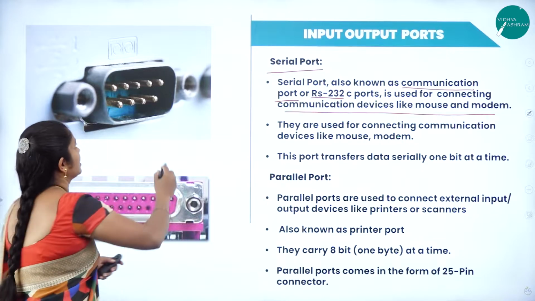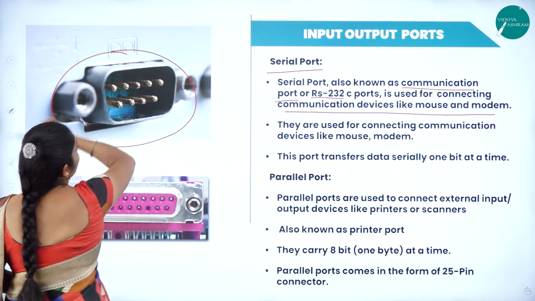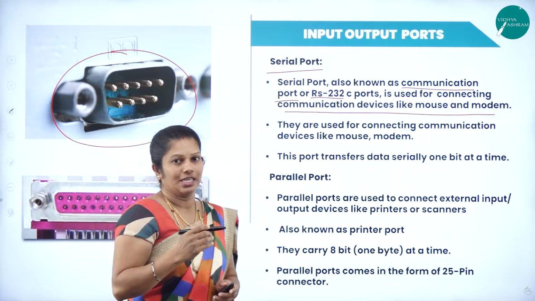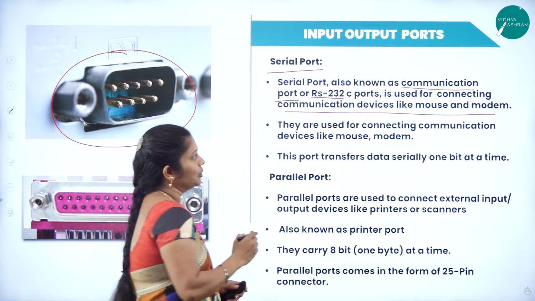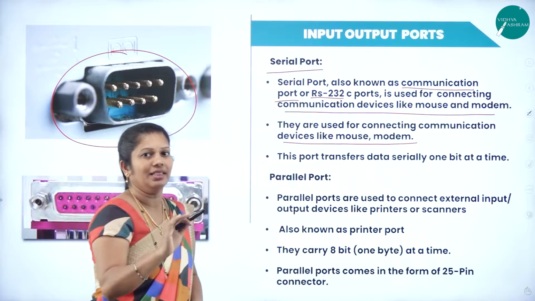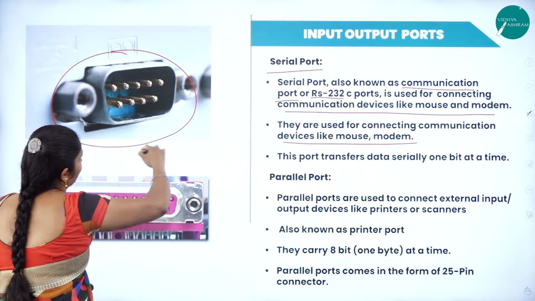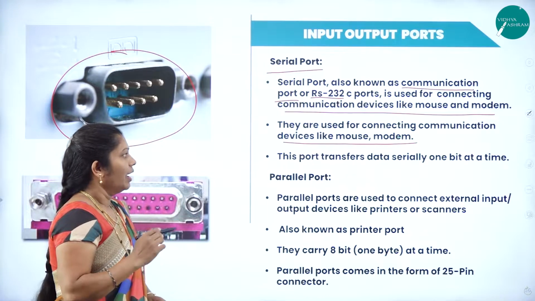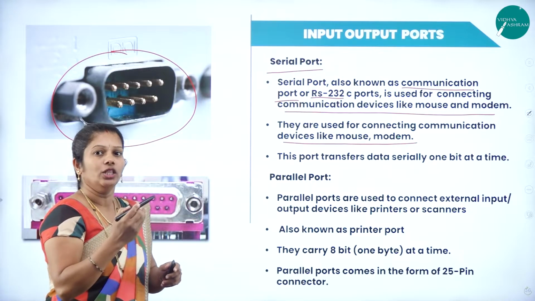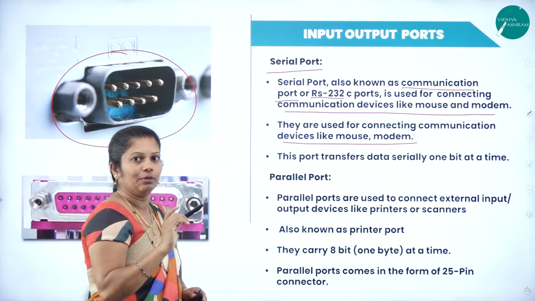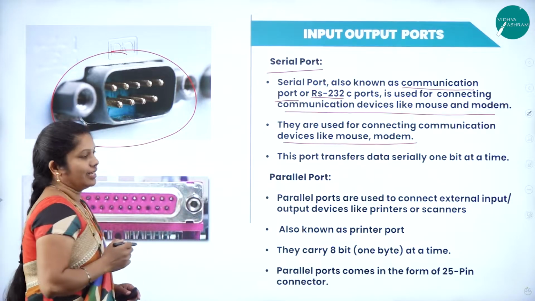This is the place where we can connect additional devices like mouse as well as modem. Usually, it will transfer only one bit at a time. At a time, only one bit of data it can transfer. And this is the serial port.